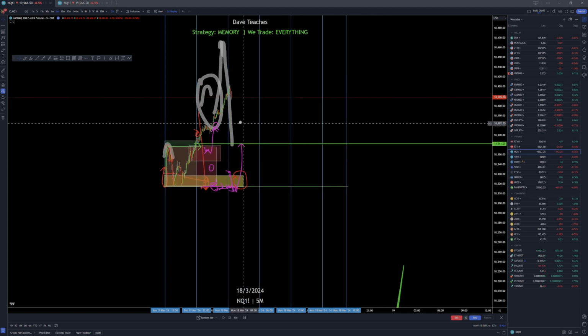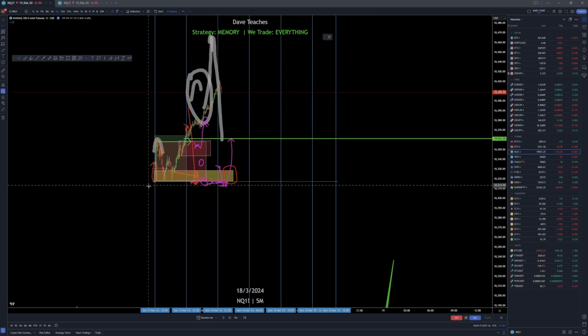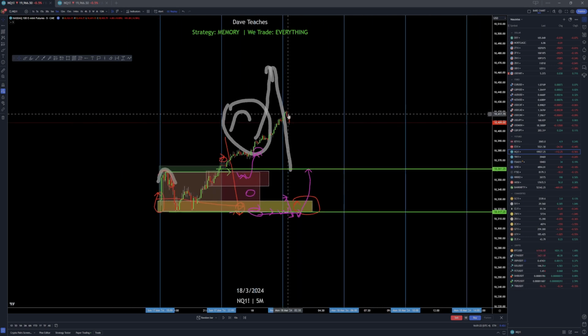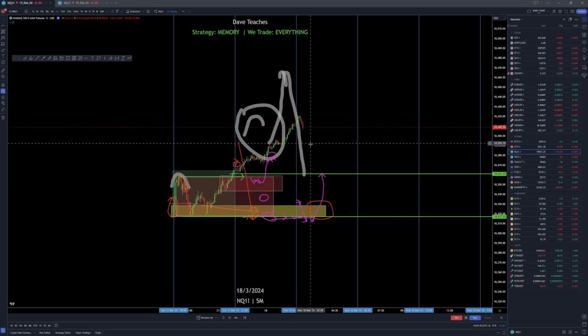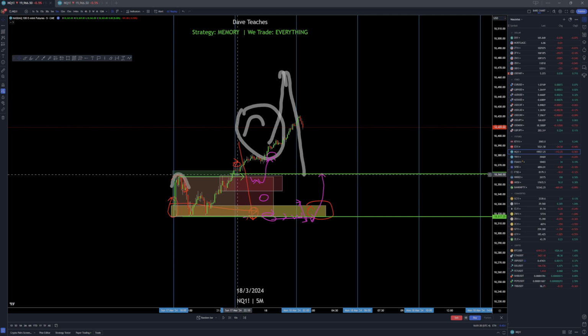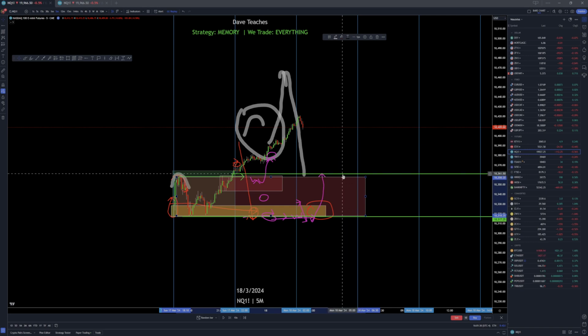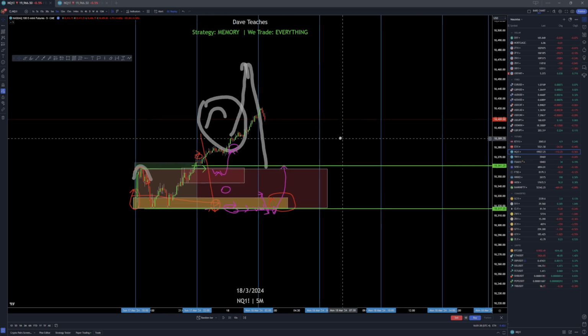So now you know there's a 4-hour low here, and you know there's a 4-hour low here. So this is London now, and in the event that London starts to dump, it could look for one of these 4-hour lows and get into here before moving back up again, right?